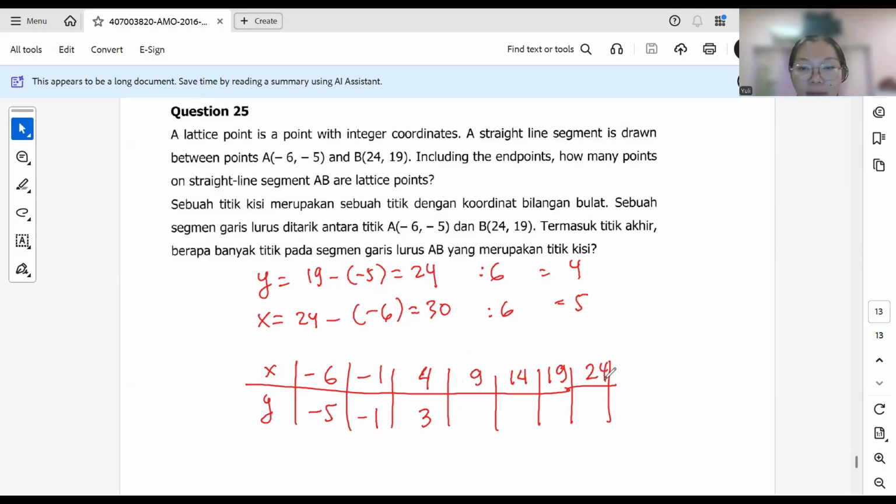Increase 5. There. This one will be increasing 4. Oh, yeah, increasing 4. There. So there are 1, 2, 3, 4, 5, 6, 7. 7 points. This is the answer.